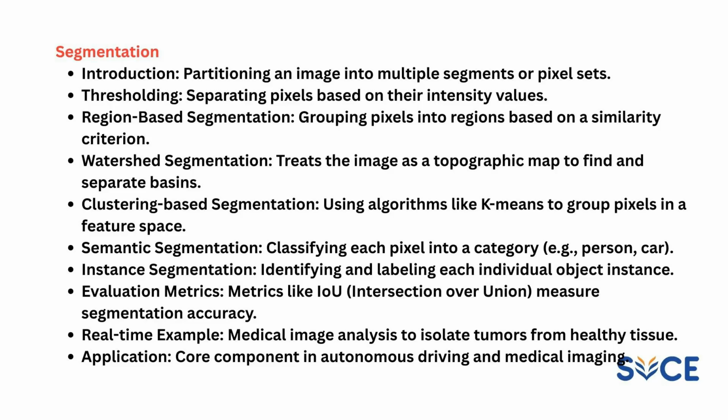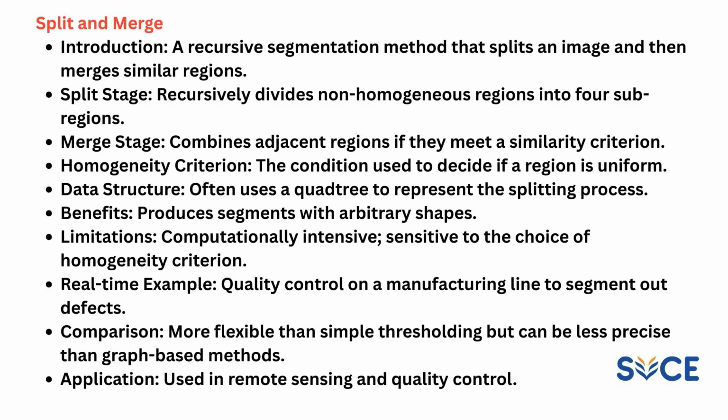The next we are going to see is split and merge. So again I am going to distribute it into three parts. The first part is the core idea of this. Let's discuss that. We are talking about segmentation techniques like split and merge.